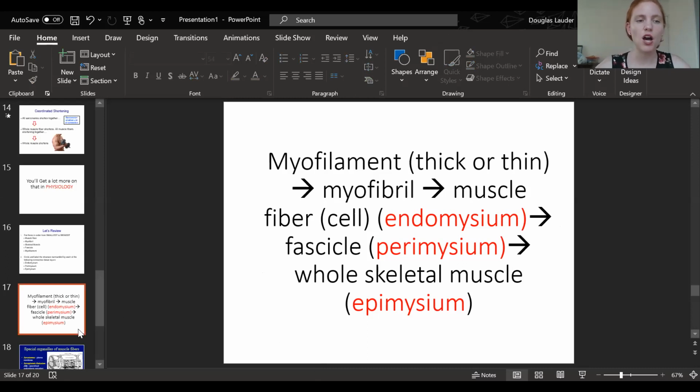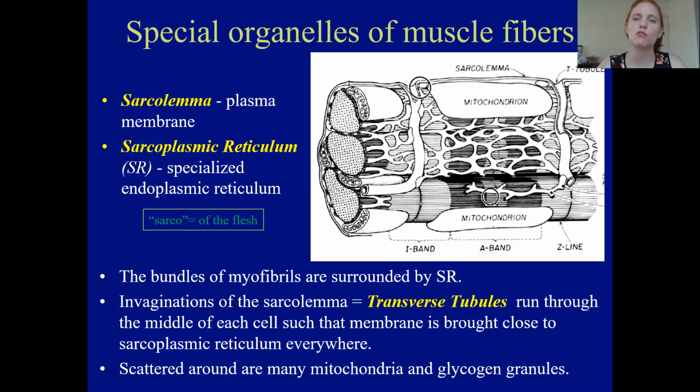Okay, so we just have a couple more things that we need to talk about. Let's talk about some of the specialized structures of those muscle fibers. Because muscle fibers have such a specific job and they're highly modified to be very good at their job, they also have special names to go with those modified structures.